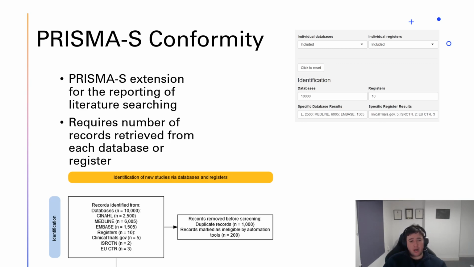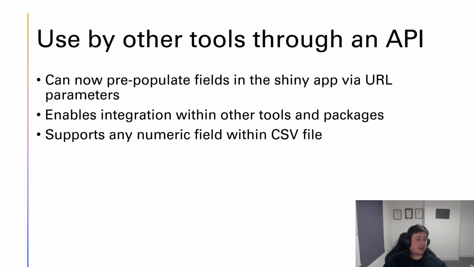And finally, we can now pre-populate fields in the Shiny app via URL parameters, and I'll talk more about how that actually works in the tutorial that I'm going to produce. But the real valuable and exciting thing about this is it means it can be integrated much more easily within other tools and packages, and any numeric field within the CSV file can be passed as a pre-populated field.